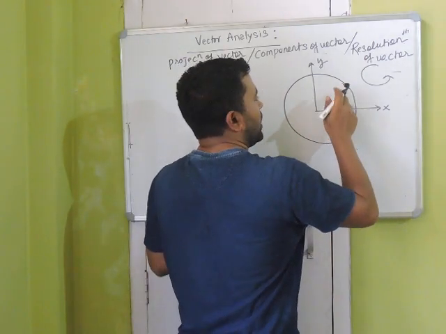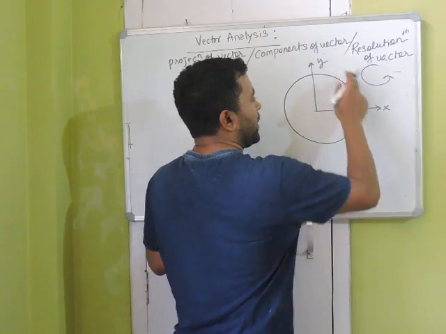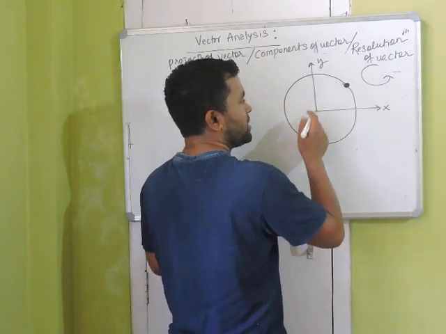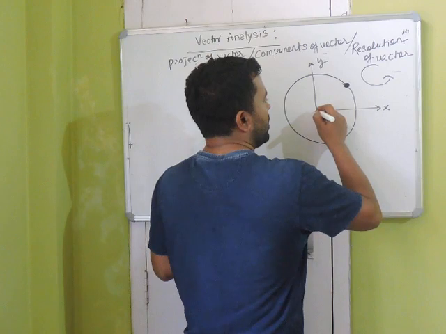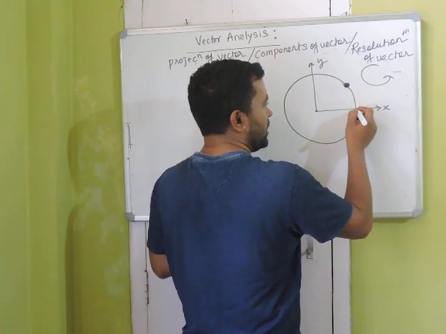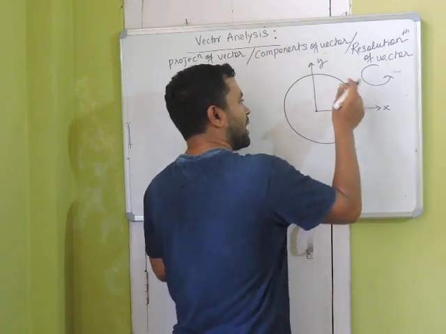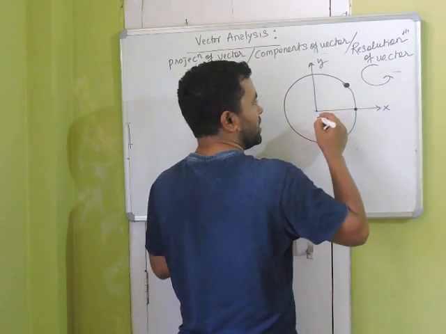Now as the particle is rotating, the radius of the circle is the same. Now suppose it starts here, and after some time t it reaches here.